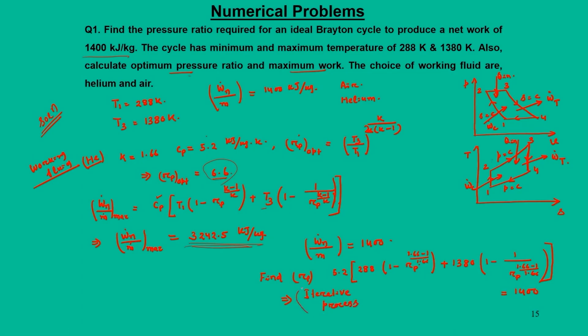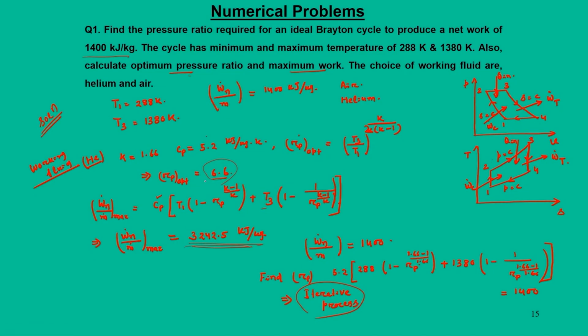To start this iterative process, we use different values of Rp, but the initial choice is that we all know that for Rp of 6.6, your W net is 3242.5. But our requirement for W dot n by m dot, W net, is 1400.